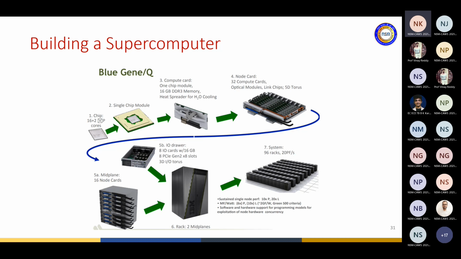So 512 nodes are in one mid-plane, and 2 such mid-planes is what they call a rack. Virtually you can think of this as 512 nodes here, 512 nodes here, and this is one rack. One rack has 1K nodes, and you need 96 such racks to build that top supercomputer, Sequoia, which they called.